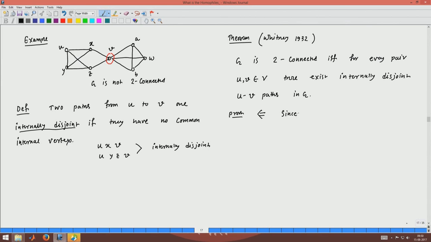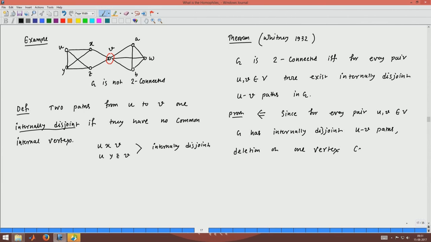Since for every pair U, V belonging to V, G has internally disjoint UV paths, deletion of one vertex cannot separate U from V. So, G is two connected.